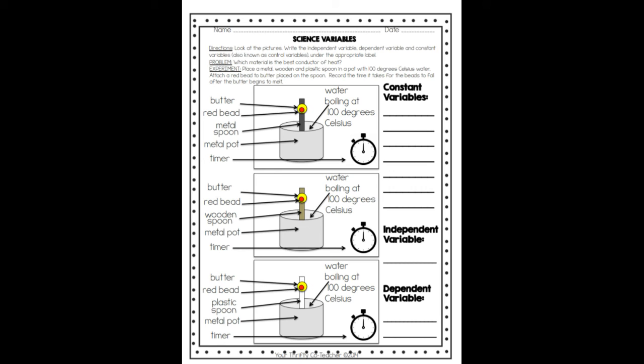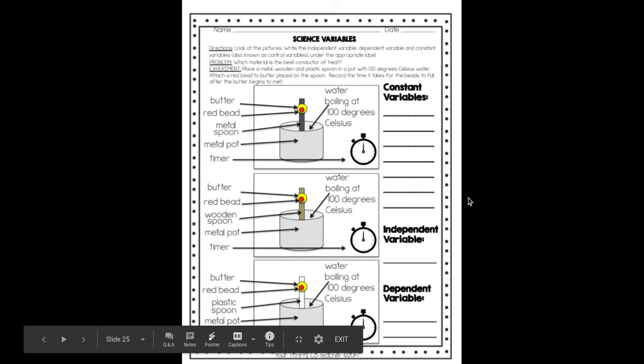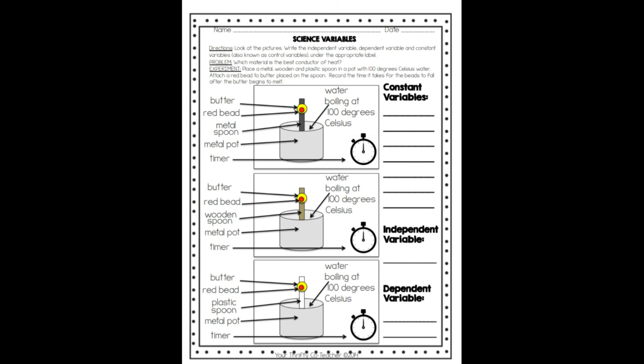The experiment is that they placed a metal, wooden, and plastic spoon in a pot with 100 degrees Celsius water. You attach the red bead to butter placed on the spoon and record the time it takes for the beads to fall after the butter begins to melt.